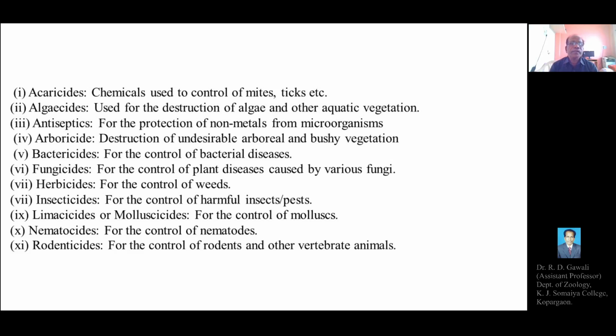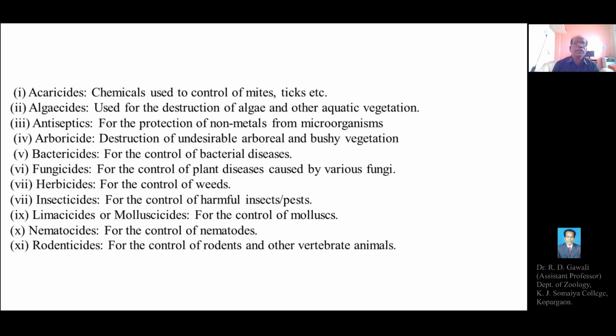Then nematicides, chemicals used for the control of nematode pests. Rodenticides. These are toxic chemicals or poisons used for the control of rodents like rats and bandicoots and other vertebrate animals.